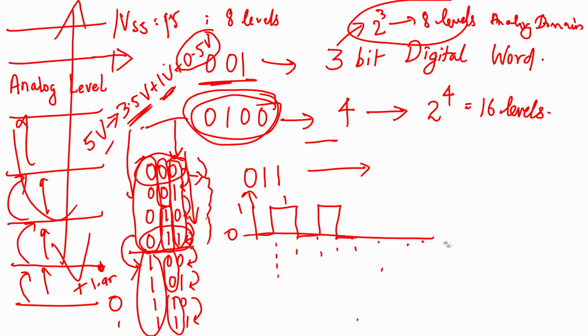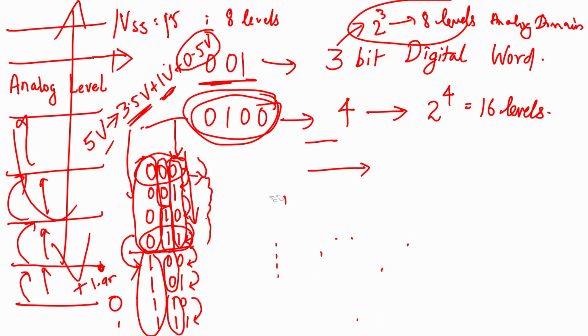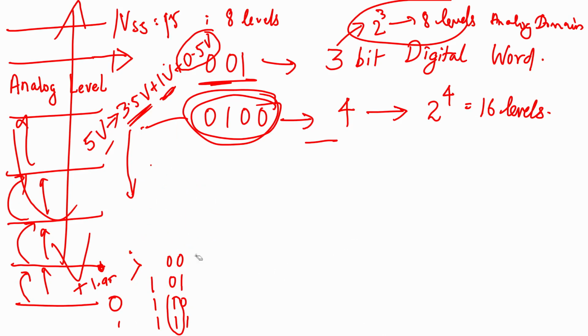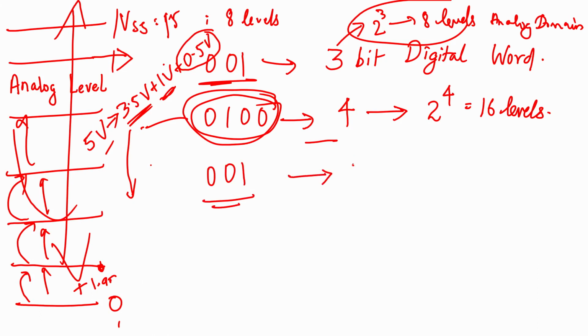So, because of this we understood that if it is a 3 bit digital word, you will have 2 raised to 3 different levels, correct.